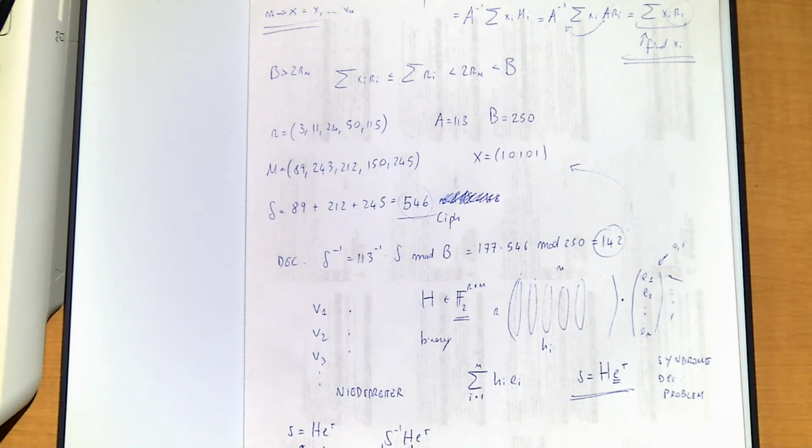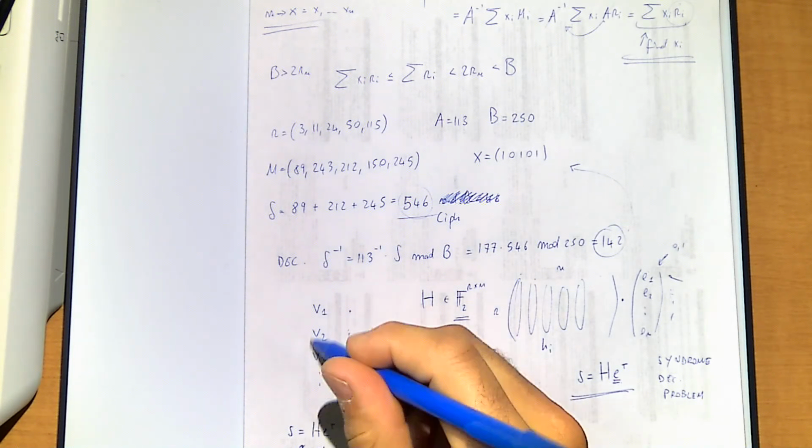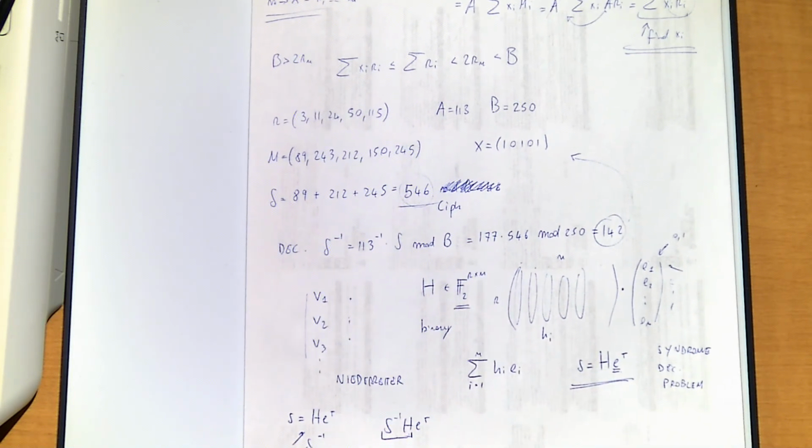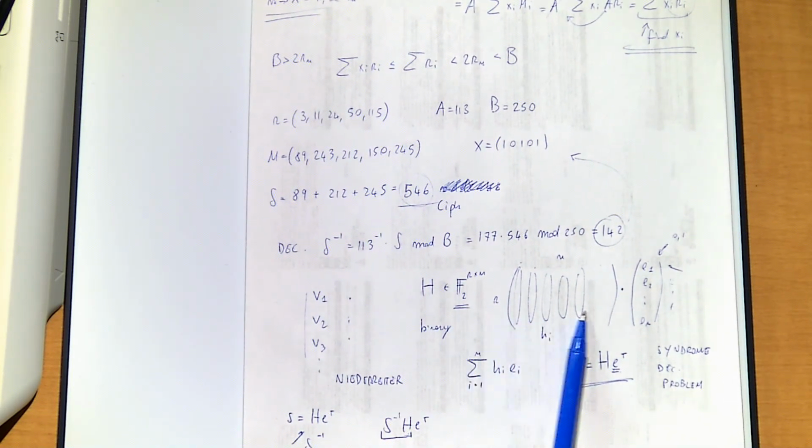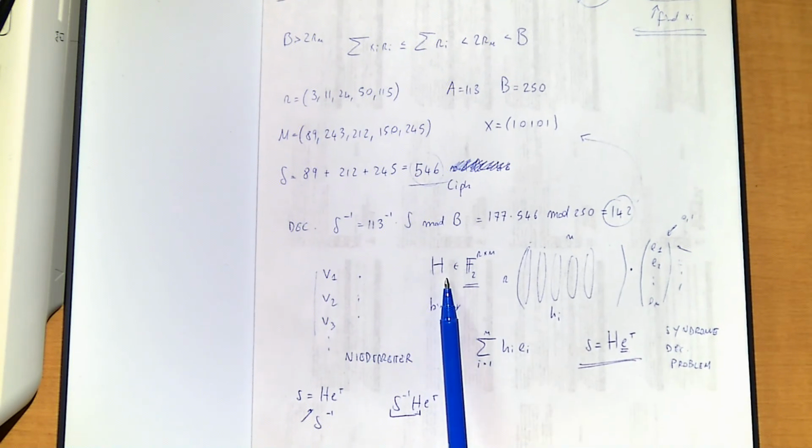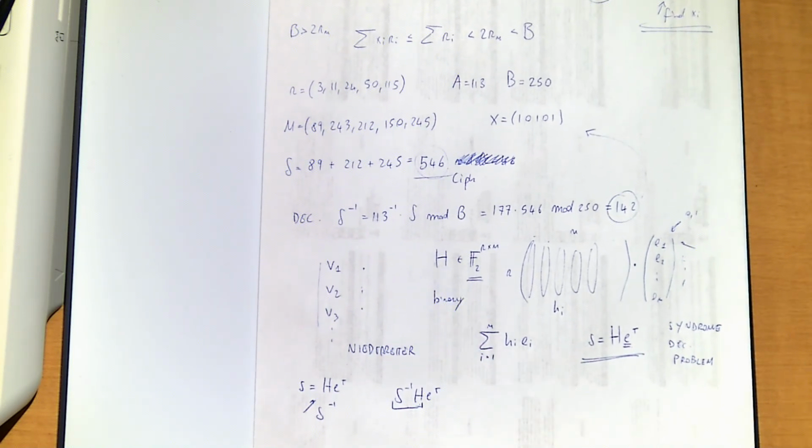And in fact, what this is leading towards is the following. Now, if I take these vectors to be, for example, binary vectors and put them in columns like this, then this looks like a parity check matrix for a linear code. But in fact, I can think of these in another way.